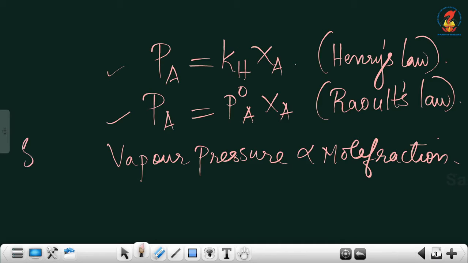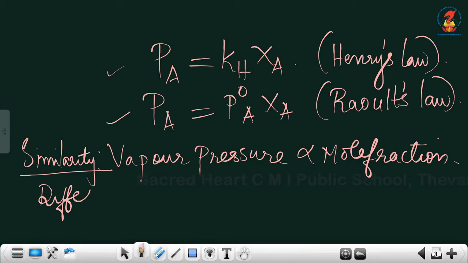This is the similarity between Raoult's law and Henry's law. The difference is that they differ by the proportionality constant: KH for Henry's law and P0A for Raoult's law. So they differ by proportionality constants.